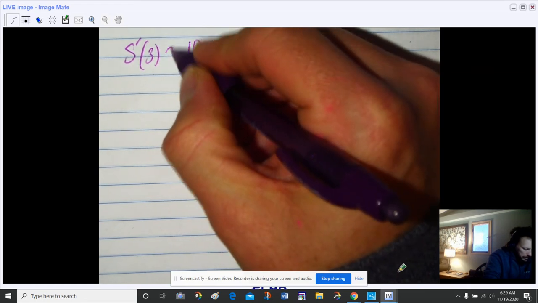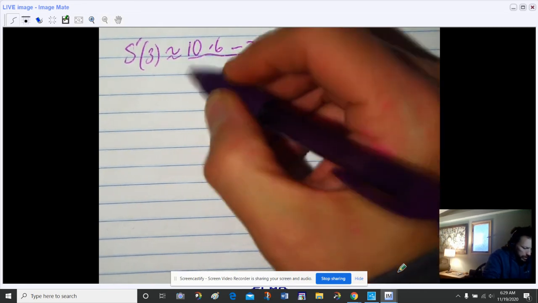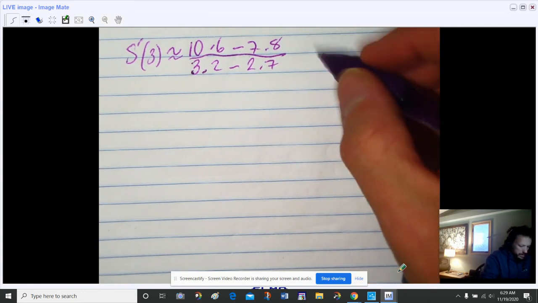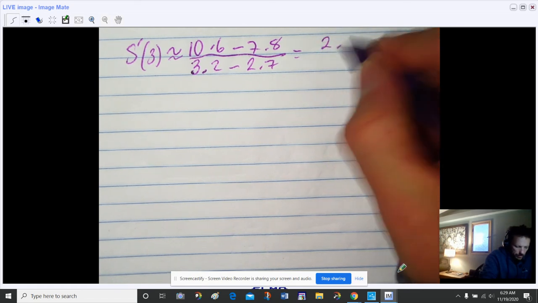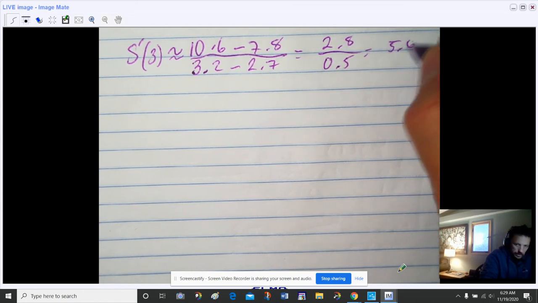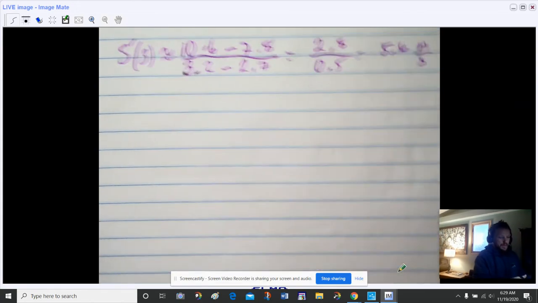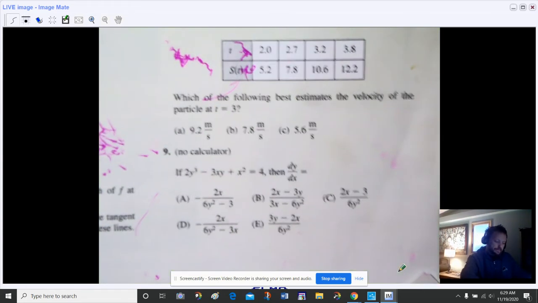So S prime of 3 is approximately 10.6 minus 7.8, y2 minus y1 over x2 minus x1. And 10.6 minus 7.8 gives us 2.8, divided by 0.5, which comes out to be 5.6. And that's going to be meters per second, which must have been C. I choose C.